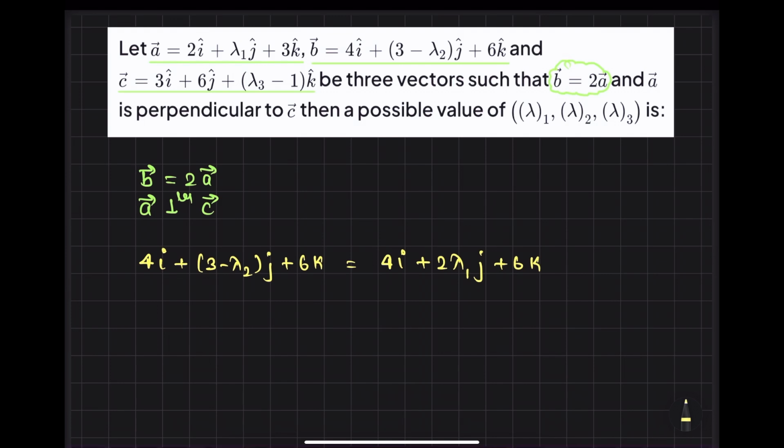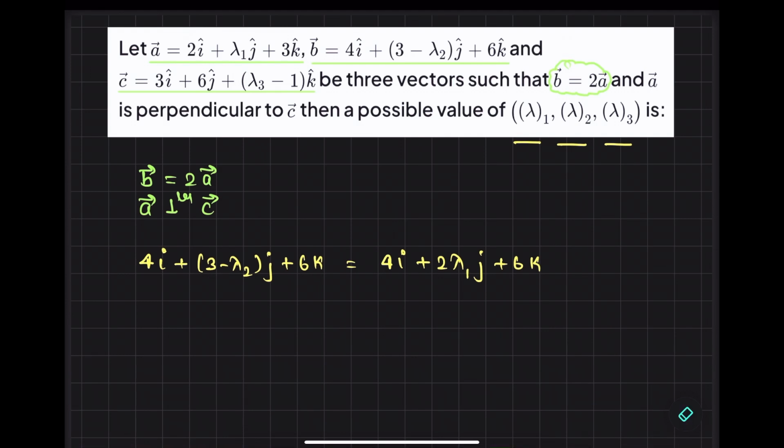Now try to understand what I am trying to write. My idea is, here we have three variables, lambda1, lambda2, lambda3. So I will try to write all the variables in terms of one variable only.